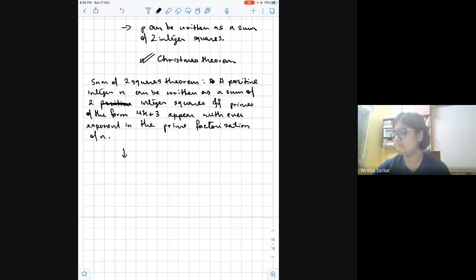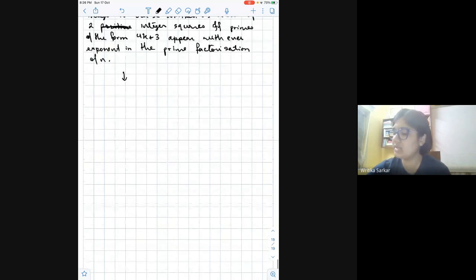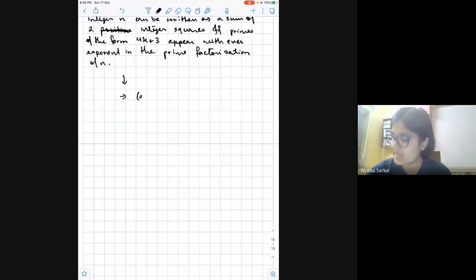And the key point to note is that if two numbers are sums of squares, a squared plus b squared and c squared plus d squared, then their product is also a sum of squares, because of this very neat identity, (ac - bd)^2 plus (ad + bc)^2. I hope I didn't mess that up, but you can check yourself.